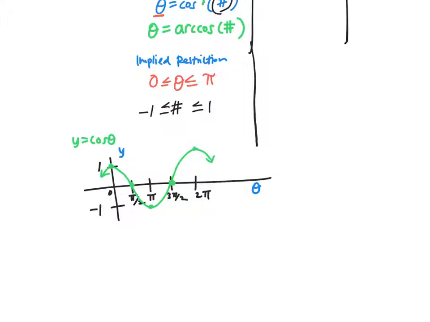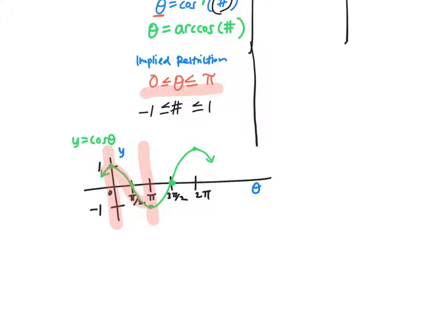Notice that my y values, my ratio, the cosine theta equals a ratio, is between -1 and 1. Therefore, my ratio must be between -1 and 1. And the implied restriction of between 0 and pi, that's just a restriction that was defined so that my little graph here will pass the horizontal line test, proving it to be an inverse function.